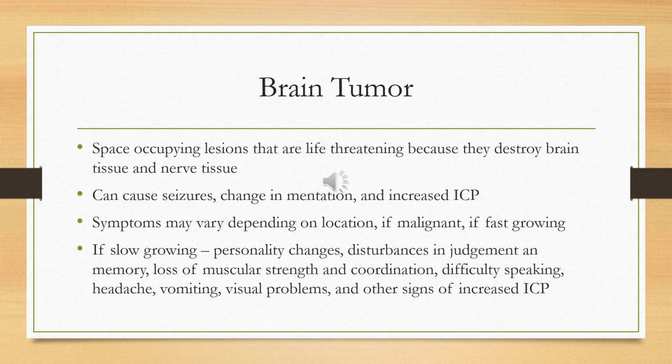So a brain tumor occurs when normal brain tissue changes and begins to grow rapidly and abnormally. The cause is not known. Some possible causes in adults could be chemical carcinogens or viruses or immunosuppressant agents or things like that.